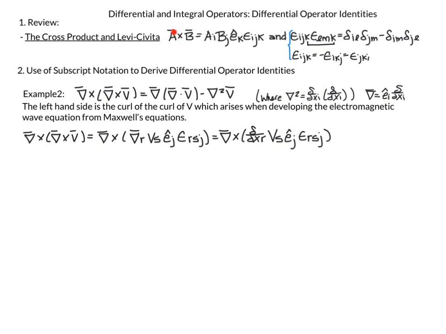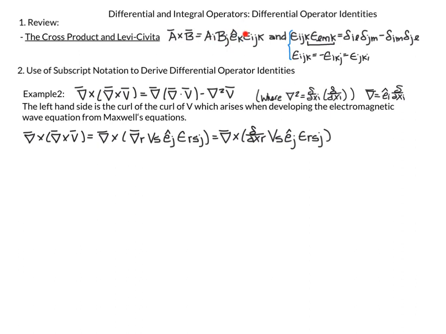So what I notice is that when I have A cross B, so this is del cross v, A is del, B is v. If I take A sub i and B sub j, and then I have my kth vector, so this is the kth component of A cross B, multiplied by my Levi-Civita, i, j, k. Here, because I wanted to match the indices in your book, I'm going to take the rth component of my del, the sth component of my v, so I have these two.